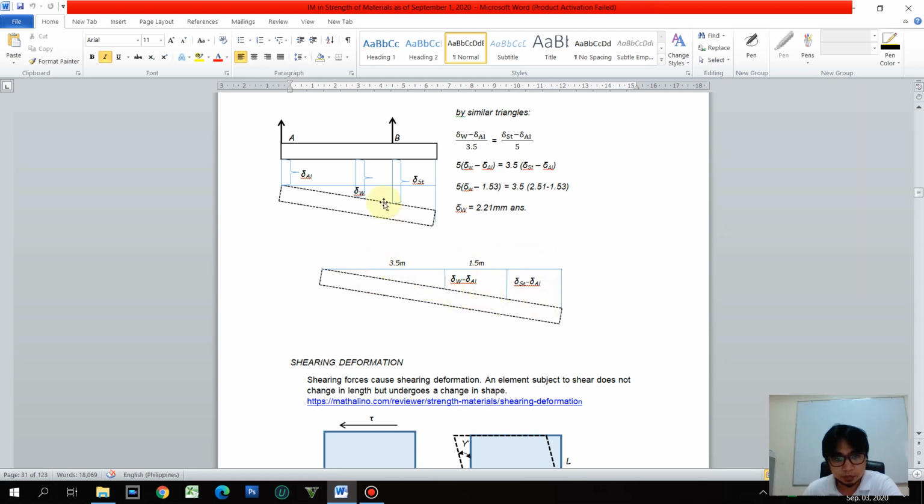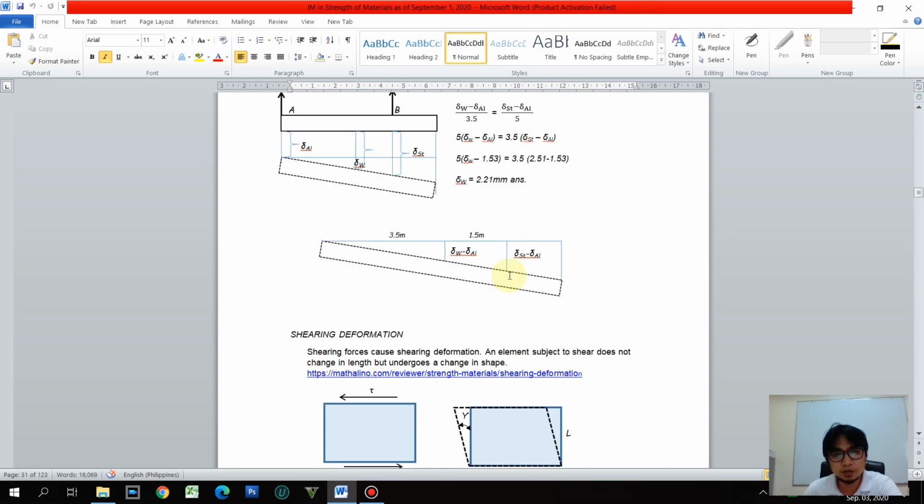For this one, we have delta due to weight minus delta aluminum. This is the dimension. And for this one, the steel deformation less delta aluminum is this dimension.